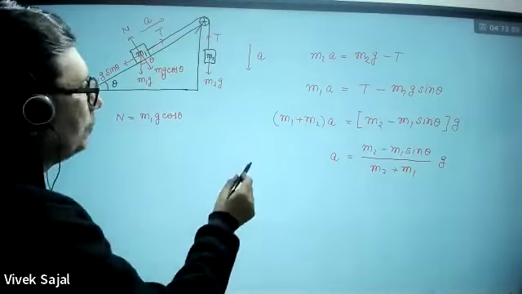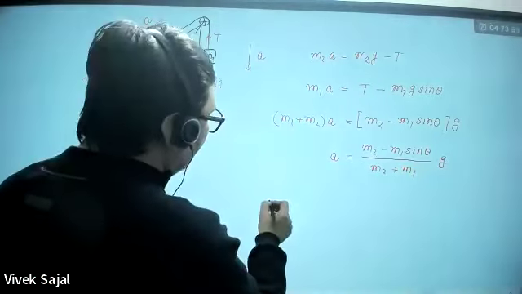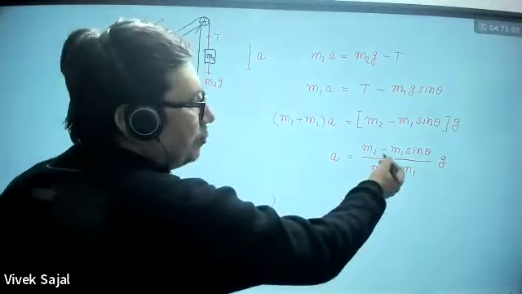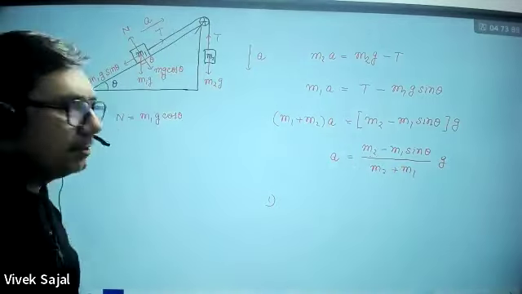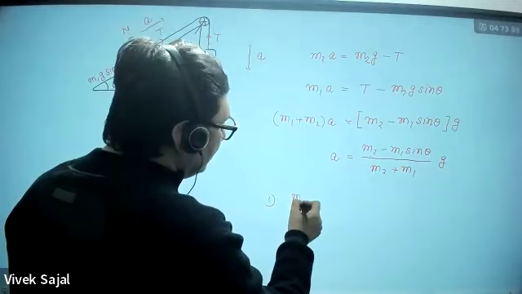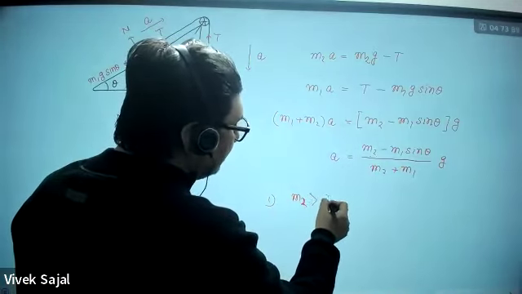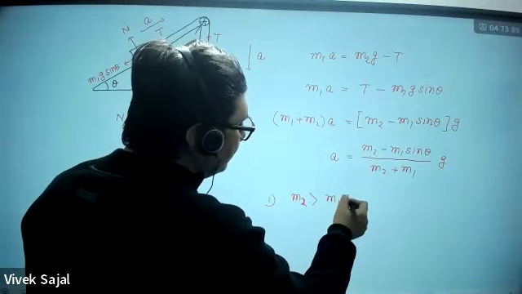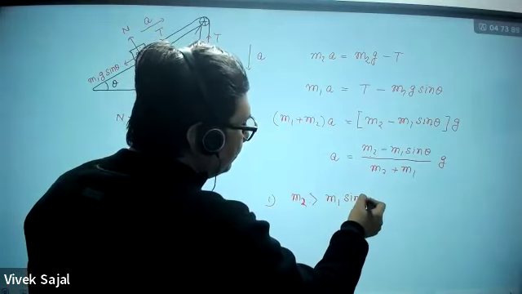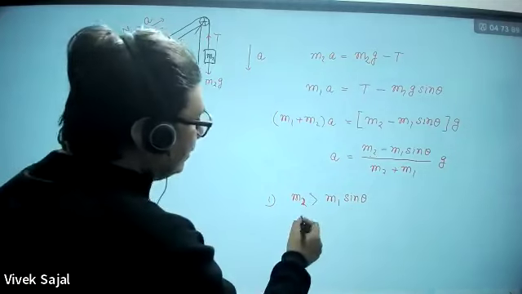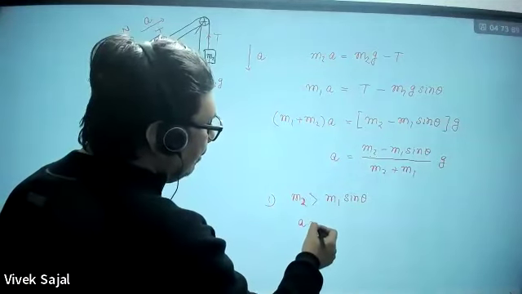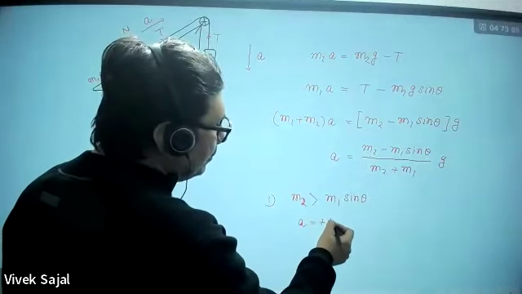Look here, try to understand, there may be two cases. If this M2 is greater than this M1 sin theta, then this acceleration will be positive. a will come out to be positive.